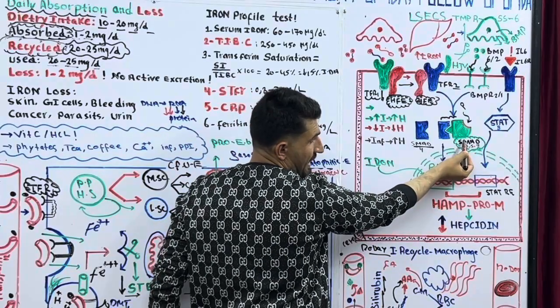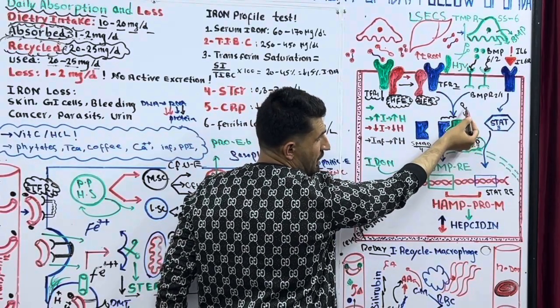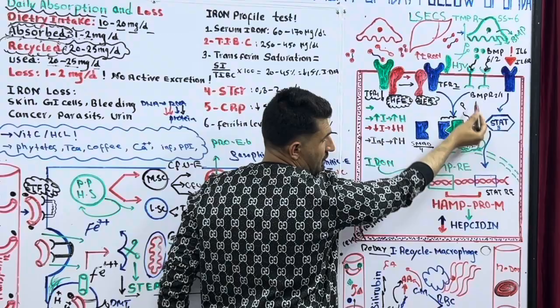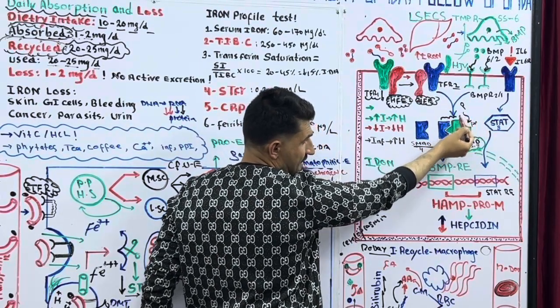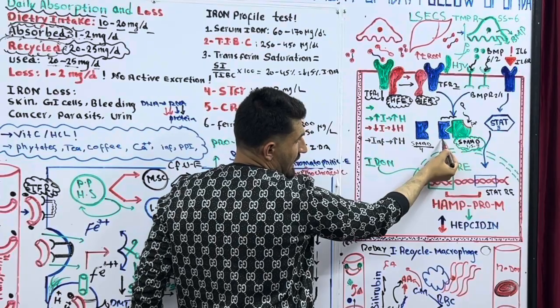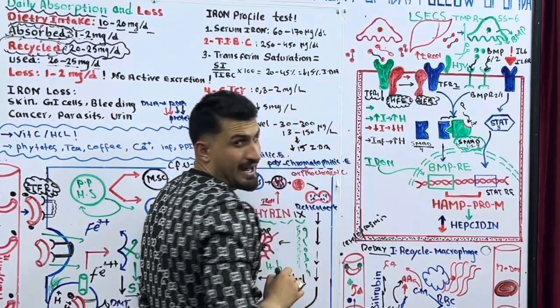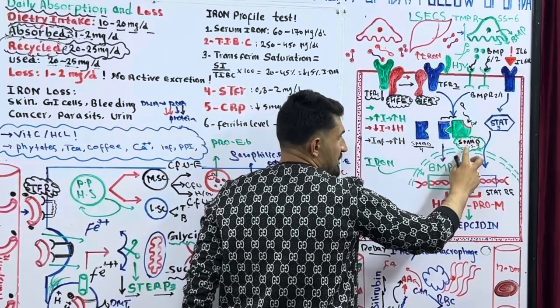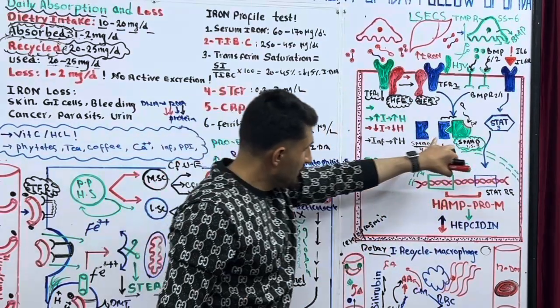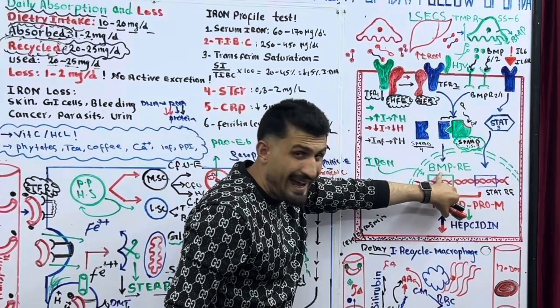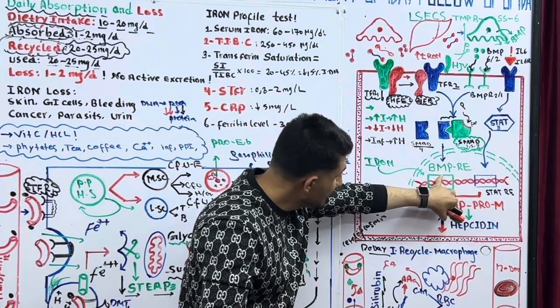SMAD158 is phosphorylated by BMP receptor signals, and it is also now joining to SMAD4. So the complex of SMAD158 and SMAD4 goes and translocates inside the nucleus.